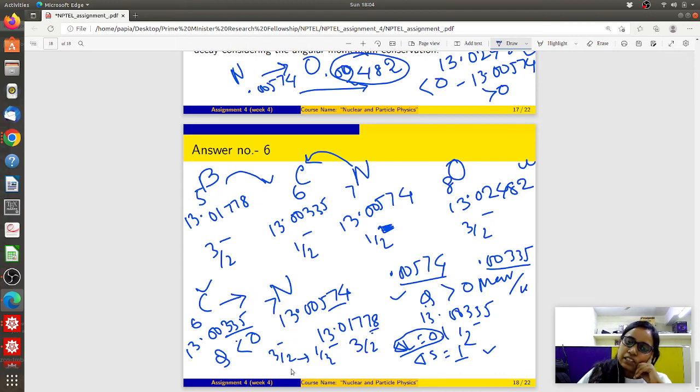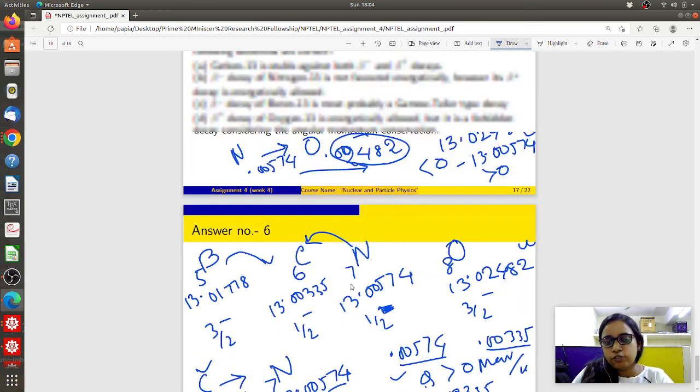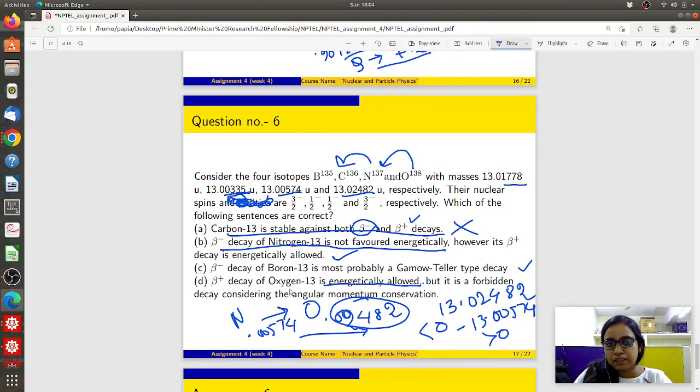The type is obviously Gamow-Teller because delta S is equal to 1 here. So the fourth statement, that beta plus decay of oxygen-13 is energetically allowed, is correct, but that it is a forbidden decay considering angular momentum conservation is wrong. So option D is incorrect, because obviously it is also allowed considering angular momentum conservation.